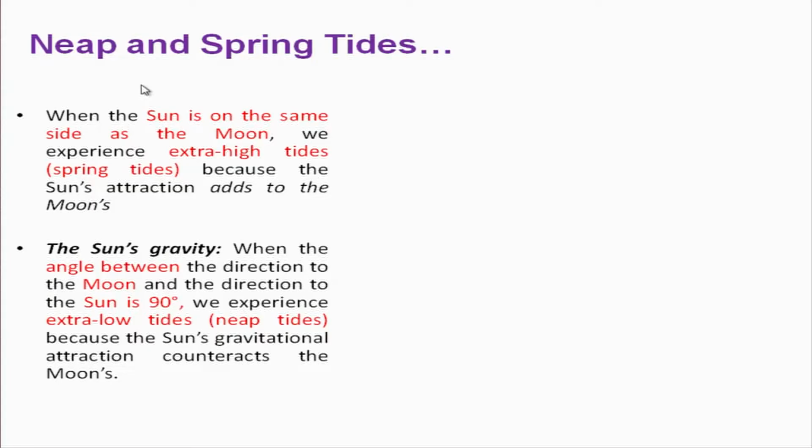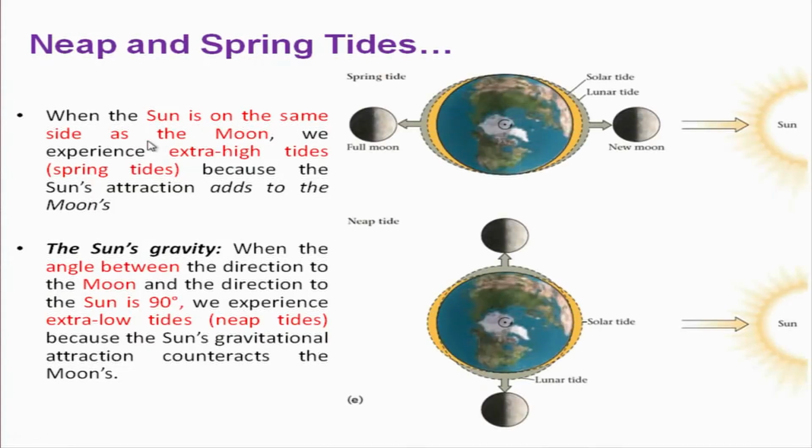So, when the Sun is on the same side as the Moon, so if the Sun and the Moon are on the same side, we experience extra large tides.